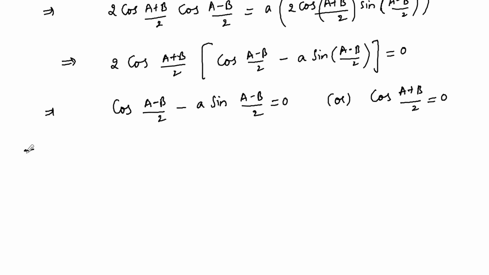So in this case we are getting cos of a minus b by 2 is equal to a times of sin of a minus b by 2, which implies 1 upon a is equal to sin upon cos, that is tan of a minus b by 2.